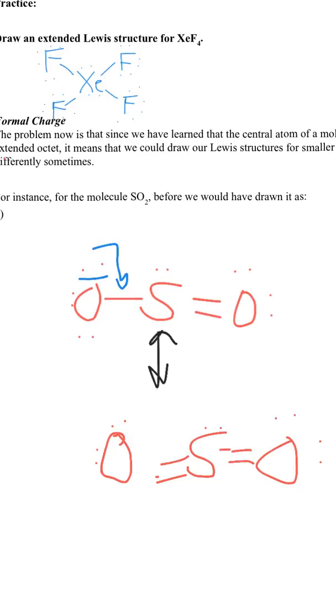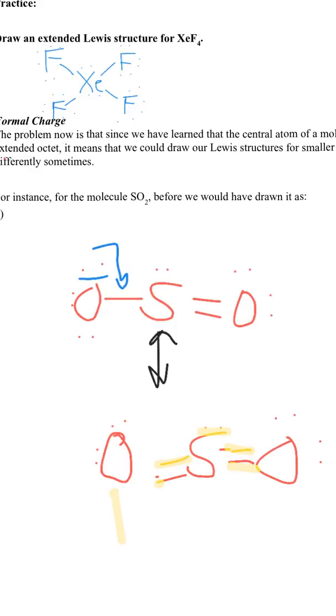So now if we look at that as 2, 4, 6, 8, 10, 12, 14, 16, 18, still the proper number, but what we end up having there is 5 electron pairs around sulfur. We have, let me highlight them for you, 1, 2, 3, 4, 5. Right, so that would be an extended octet.